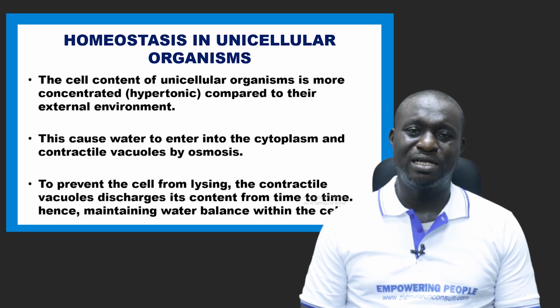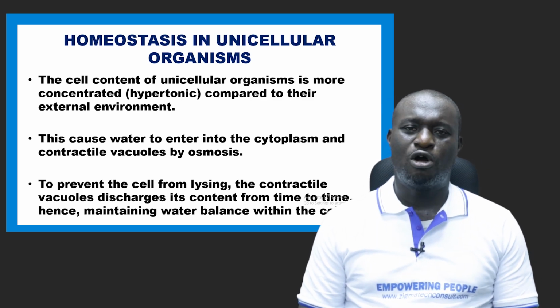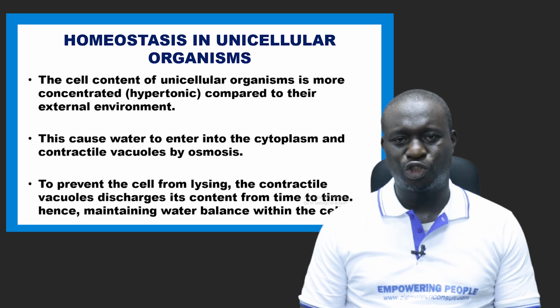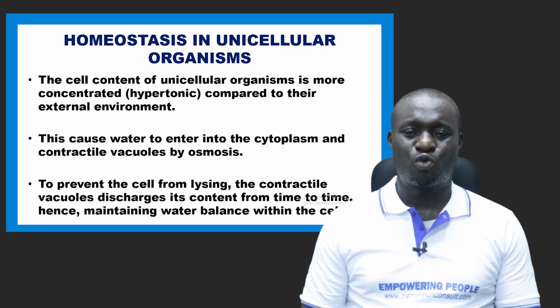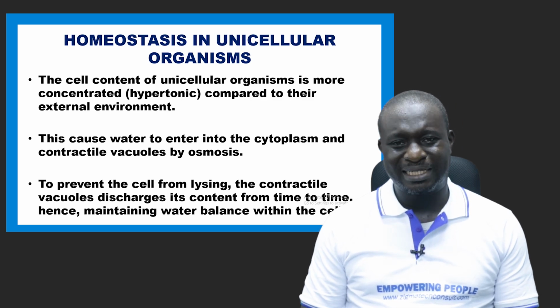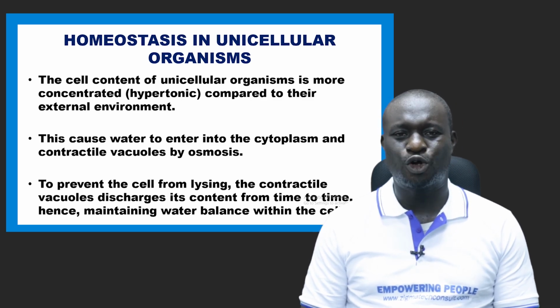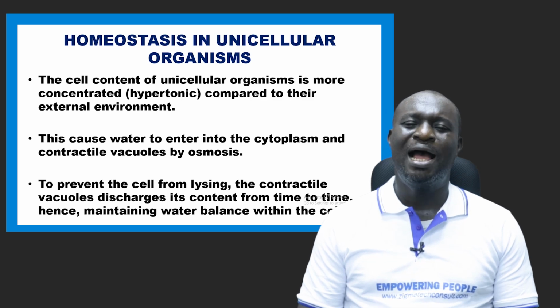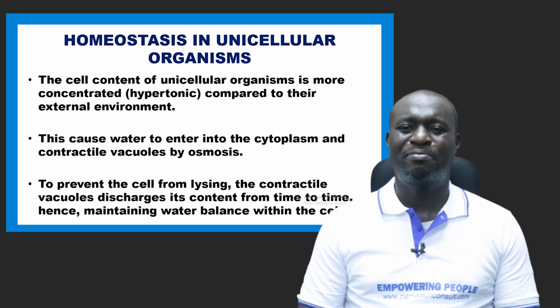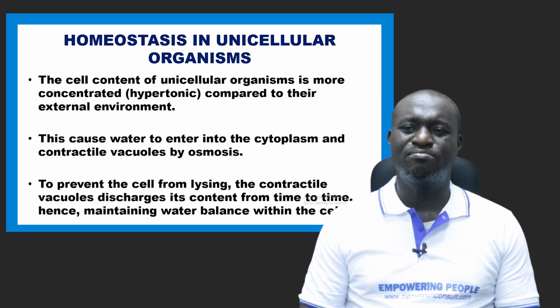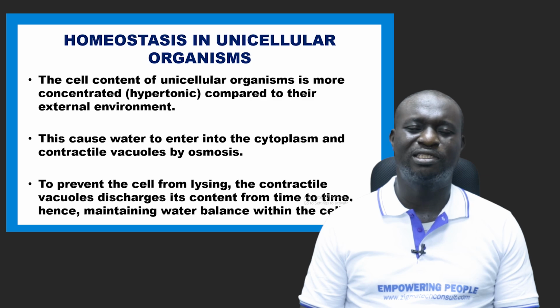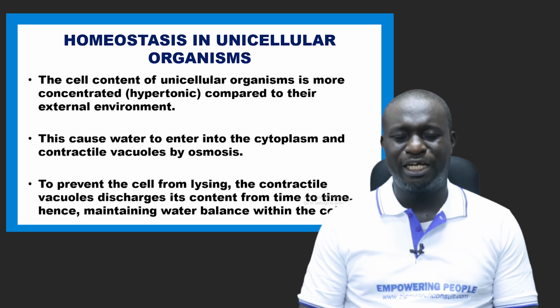So it simply means that the cell content of amoeba or paramecium, which we are using as our subject matter, is usually hypertonic, not hypotonic, whenever they are in their external environment. Now, if it is hypertonic, it means that the external environment is hypotonic, that is diluted.